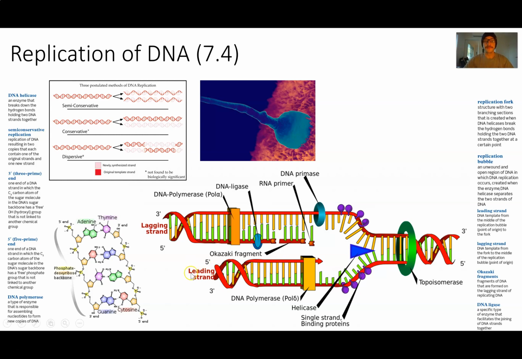As you can see down here, this is called the leading strand, and this process happens silky smooth because DNA polymerase can only add new nucleotides to the 3' end. This happens easily on the leading strand. If we follow this, we have this strand here. It's the 5' end, which means the opposite end of that 5' end would be the 3' end.